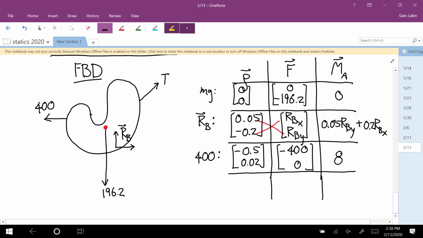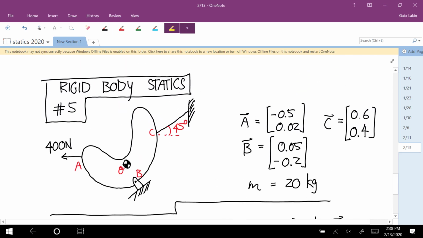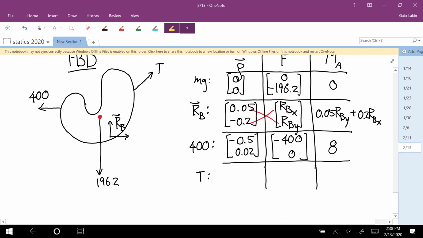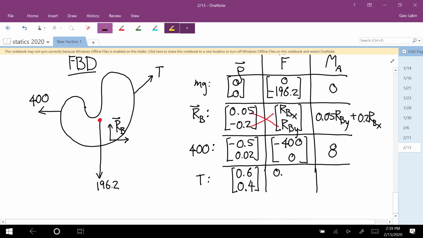And then the last one is the cable tension. That is at 0.6, 0.4. So that's the rho vector. The force is 0.7071 T, 0.7071 T, because that angle is 45 degrees.